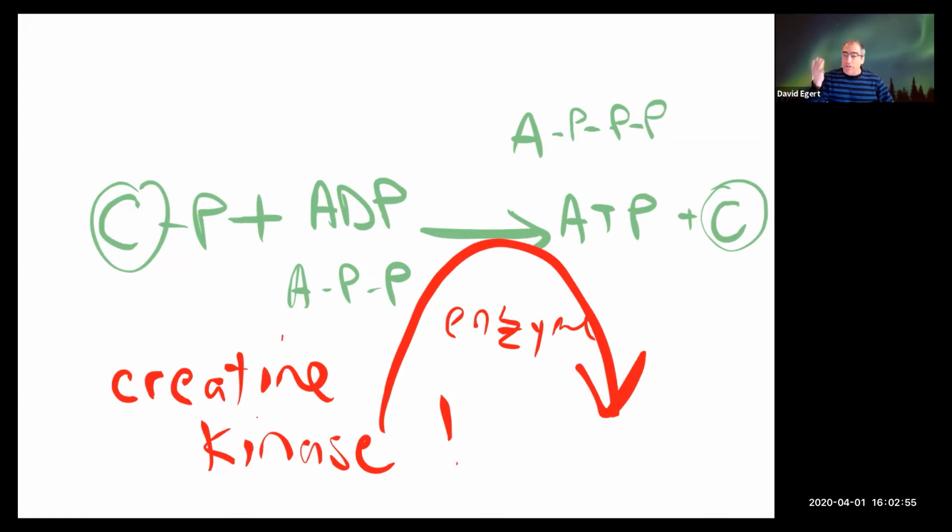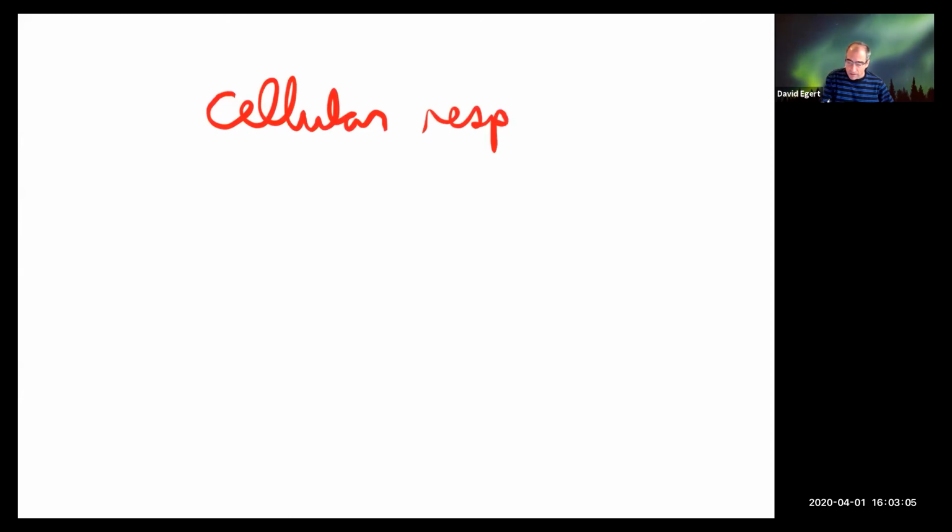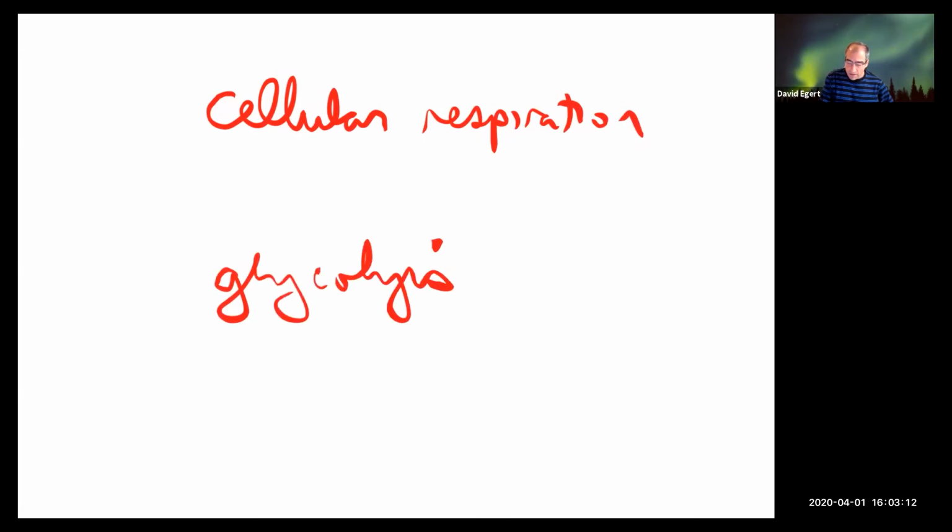So if we look at those 3 ways of generating ATP, again, there was cellular respiration. There was glycolysis. There was the phosphagen system.